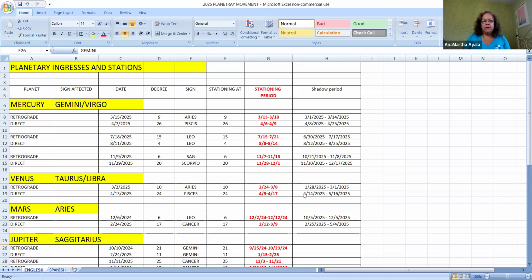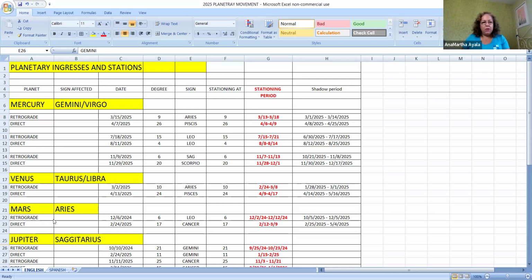If you're doing something to beautify yourself, then you want to make sure that you look good after spending all that money, right? So I would wait until Venus is direct. So it would be after May 16th that you can go ahead and schedule your beauty procedure.